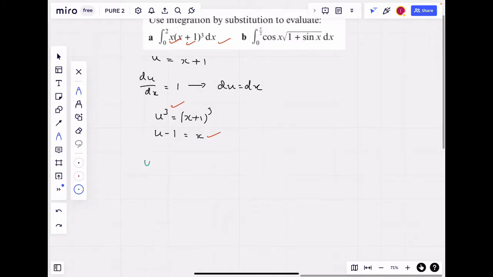So u equals 2 plus 1, u equals 0 plus 1. So 3 and 1. 3, 1, and then your substitute. So the x is u minus 1, then u cubed, then du.